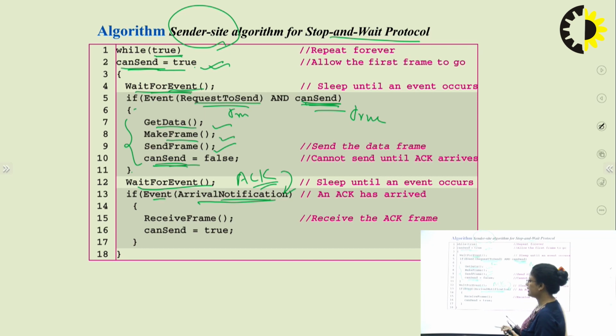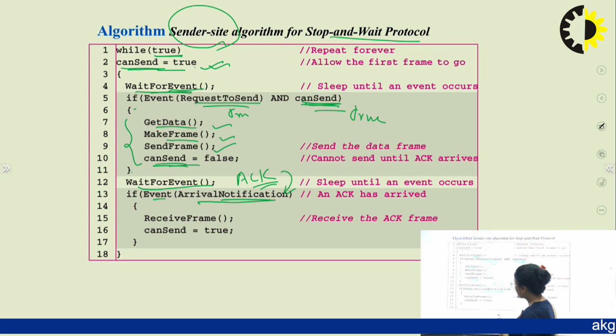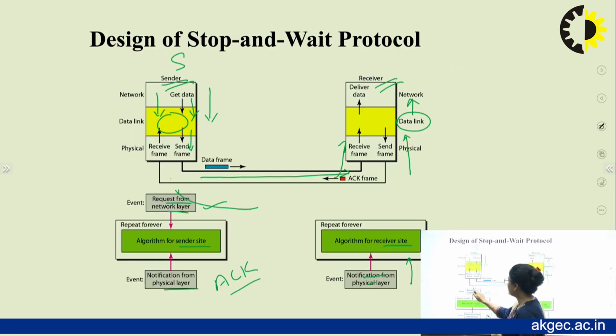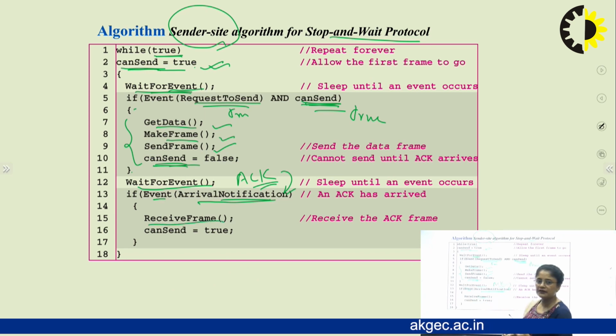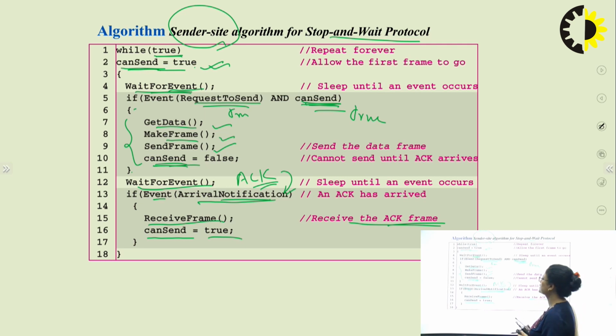If the event is an arrival notification, the sender will receive the frame, that is, it receives the acknowledgement frame from the receiver. The acknowledgement has been received, so it is now ready for making another new transmission. So it will set the canSend flag variable back to true. This is the algorithm that works at the sender's end.